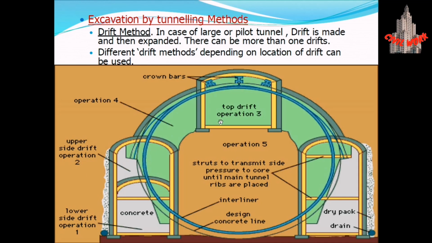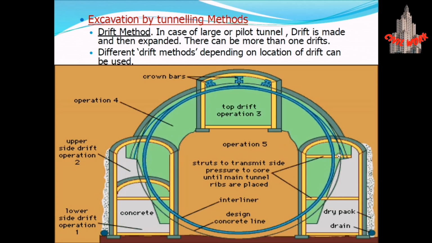In this method, we will have the first operation as the lower drift operation. Then we have to dig the upper drift portion here. Then we have the third portion, and then the fourth portion, and we will interconnect these with each other. Now the fifth operation is to transmit the side pressure to the core until main tunnel ribs are placed.